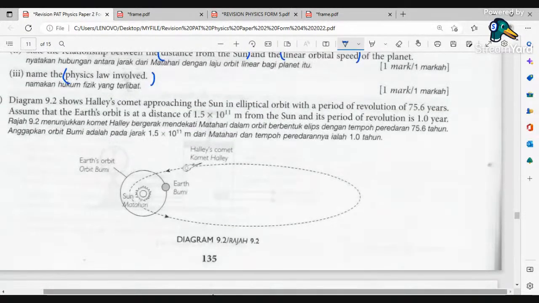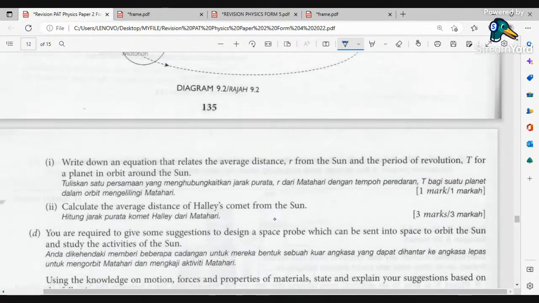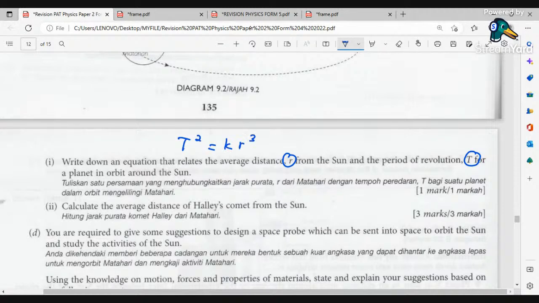Bahagian ni ialah bahagian C. C1. Kita ada R, T, T dengan R ialah Kepler's third law kan. So kita ada T squared equals to KR cube.